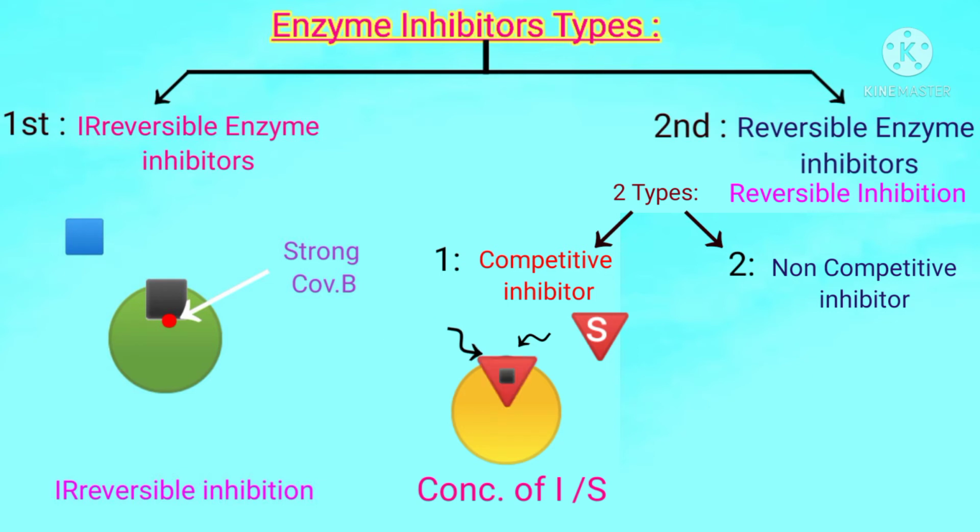So when the inhibitor binds the active site due to its greater amount, it will occupy the enzyme's active site. So there will not remain any chance for the substrate to bind here, as it is not empty. So due to the presence of the inhibitor, the enzyme will become functionless.